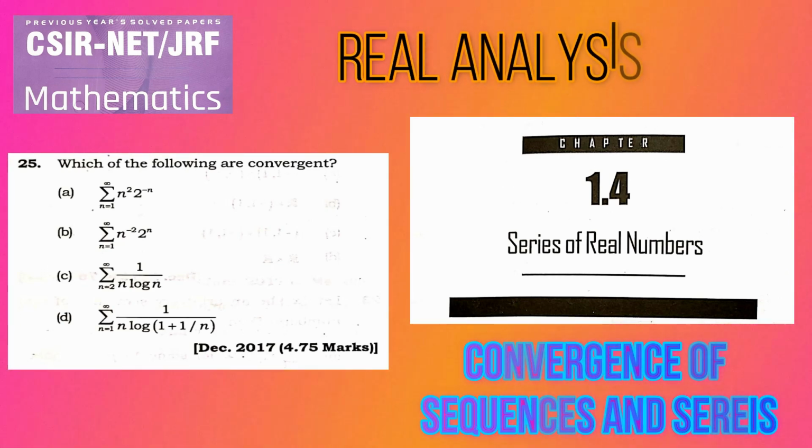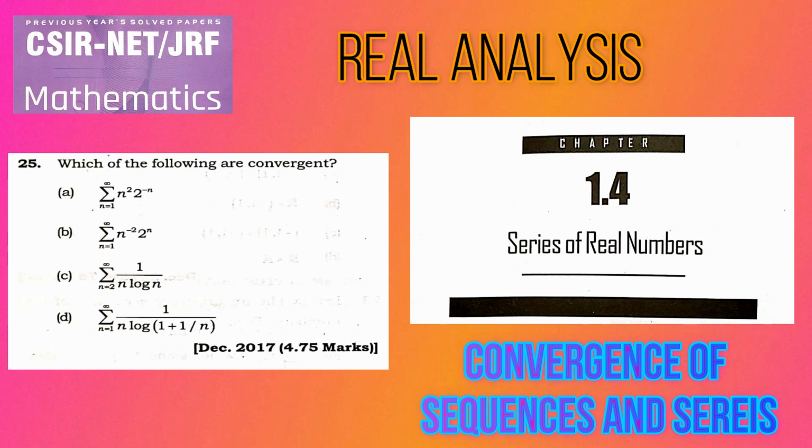Which of the following series given is convergent? The first option is the series sum from n equal to 1 to infinity of n squared into 2 raised to minus n. We have to figure out whether it is convergent or divergent.